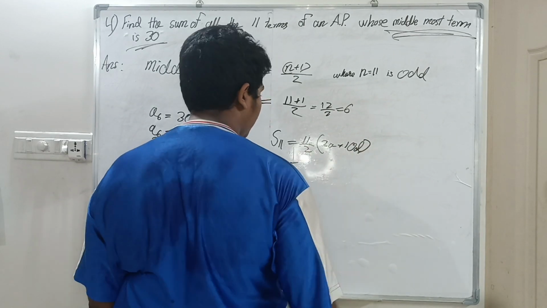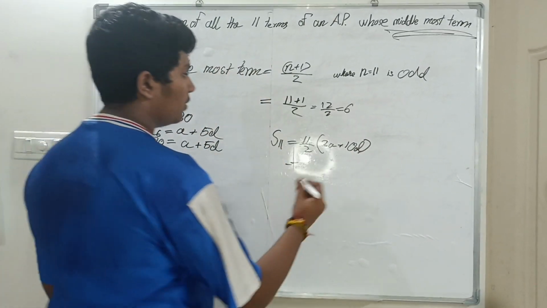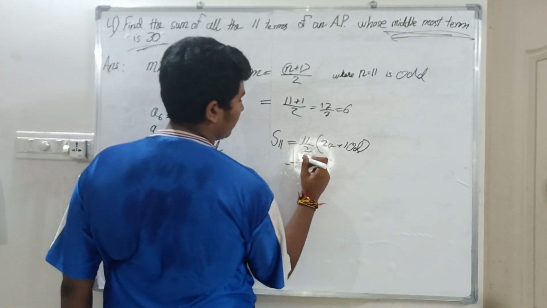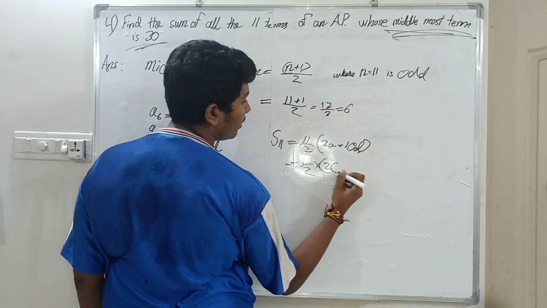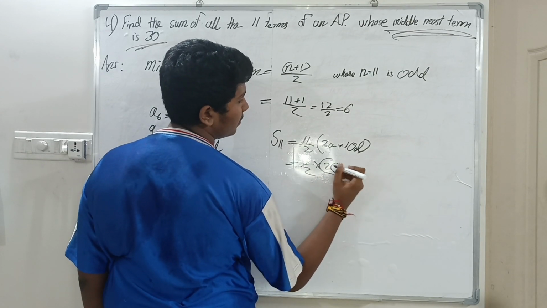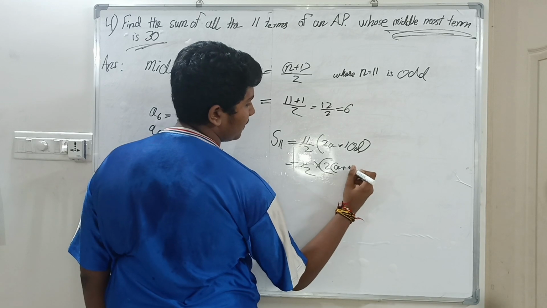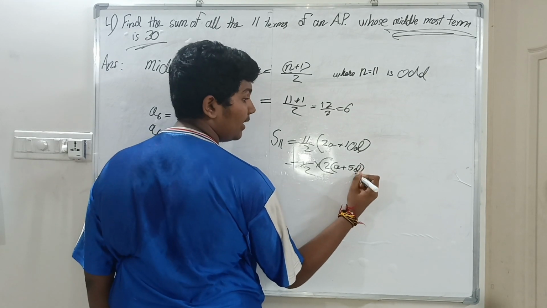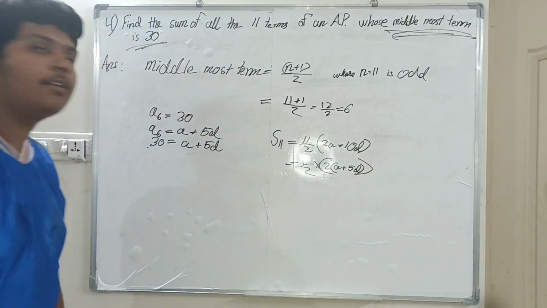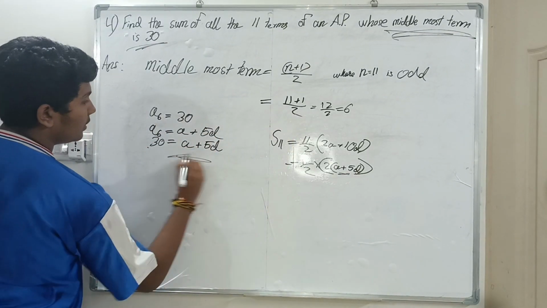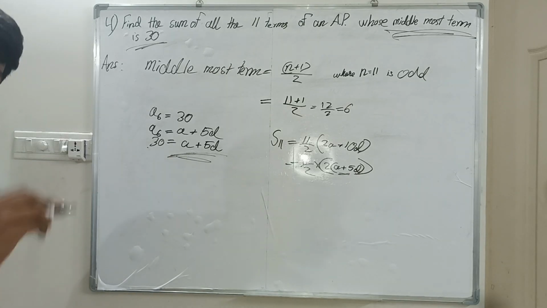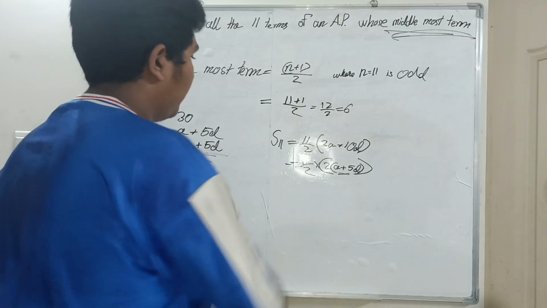So how are you going to solve this? So this is common, right? 2 and 10. So 11 by 2 into 2 into (a plus 5d). Isn't that common? Isn't this part similar to this part? Which could be easy.